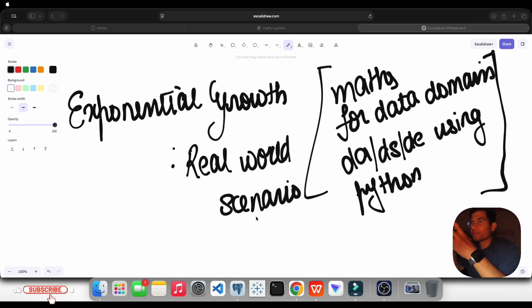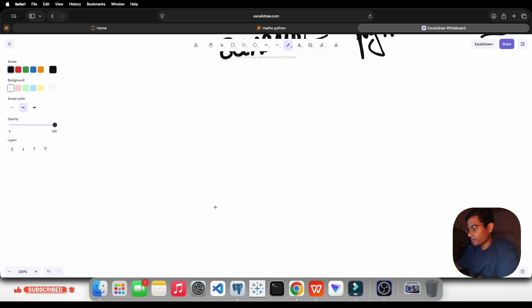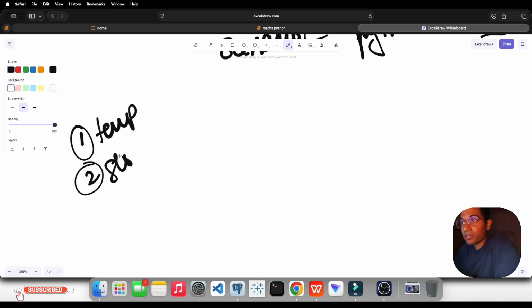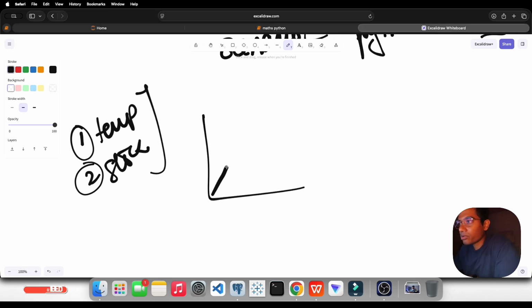Mathematics plays a vital role in this data domain, right? And when you see any growth, it doesn't matter if it is in temperature or in the stock market, how is it? It goes like this, then a drop, then like this, then a drop.